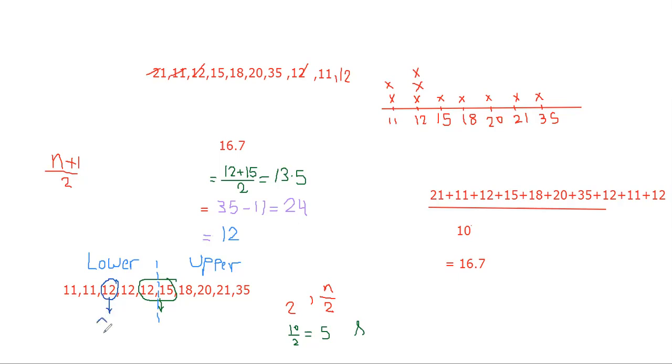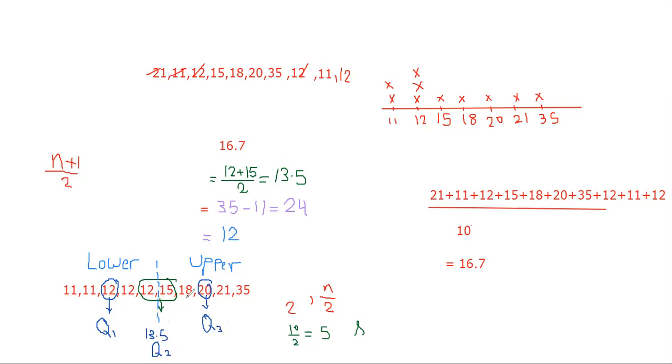It will be the first quartile. And already we have 12 plus 15 divided by 2, so 13.5. This is the second quartile. And we will count 1, 2, 3, 4. It's the same, so this is the third quartile.